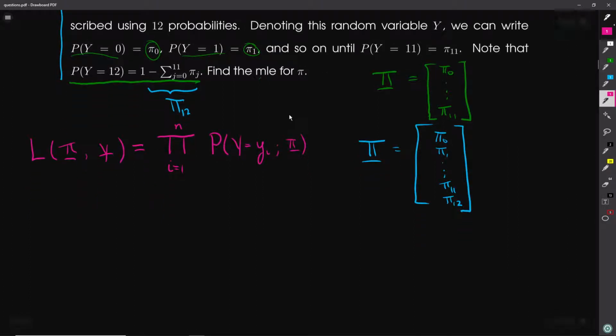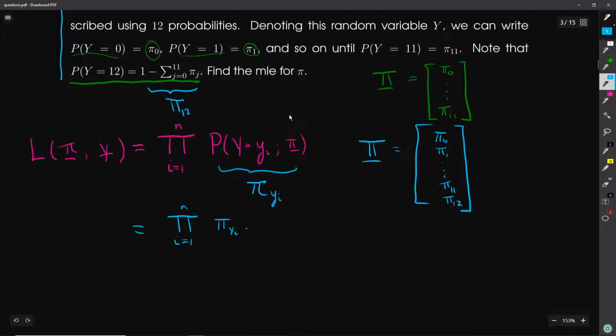So here we know that the probability that y equals yi, well, if yi is 0, this is going to be pi 0, and if yi is 1, this is going to be pi 1. And so in general, we're going to be able to write this as pi sub yi. Okay, so this is going to be the product from i equals 1 to n of pi sub yi.